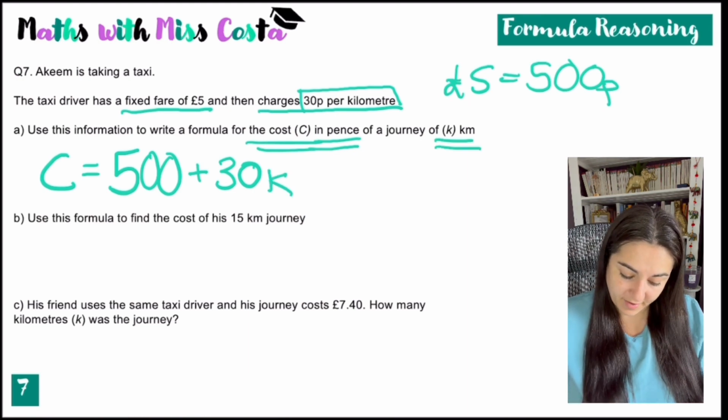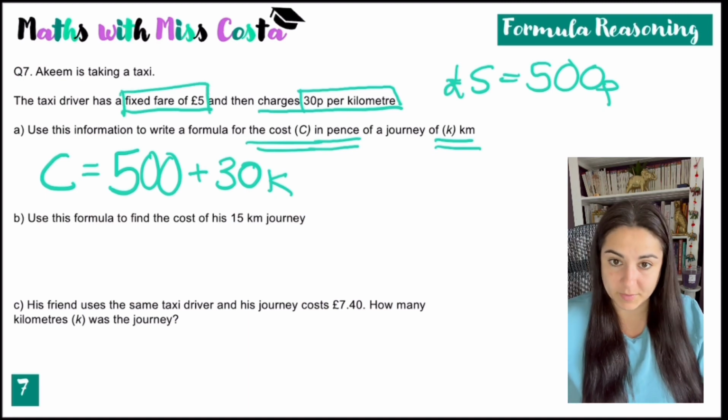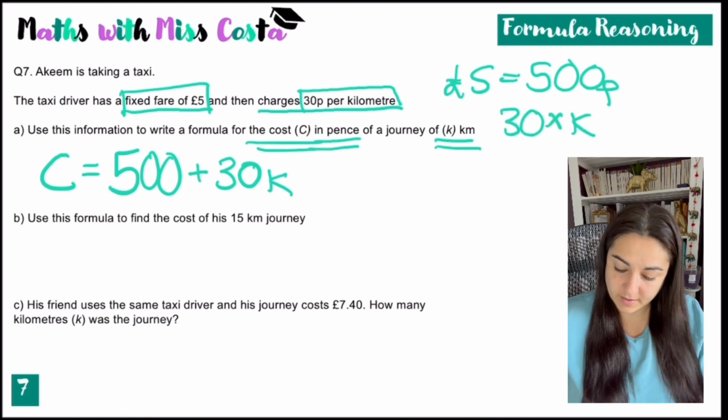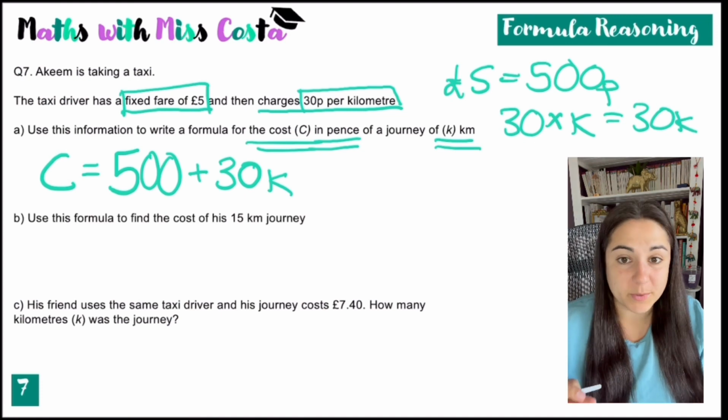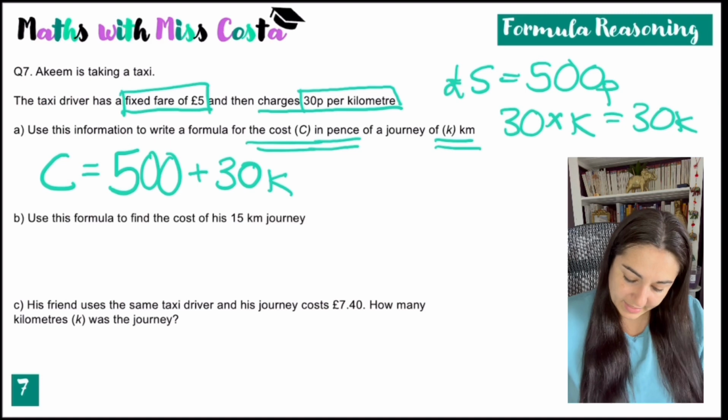The cost is 500 pence, which is the fixed fare, plus 30 pence per kilometre. And remember in algebra, instead of writing the multiplication sign, we just put our number and our variable together, and the multiplication is implied.